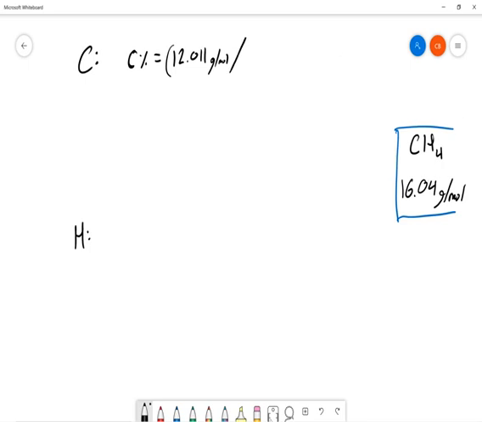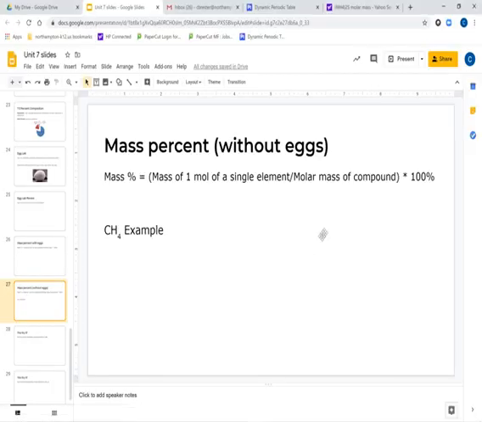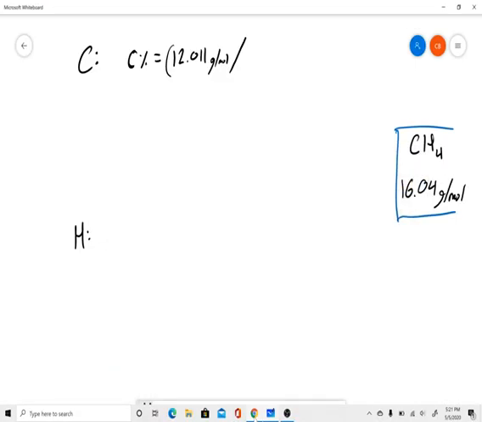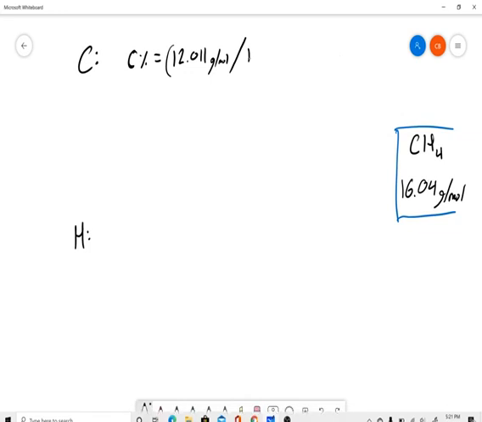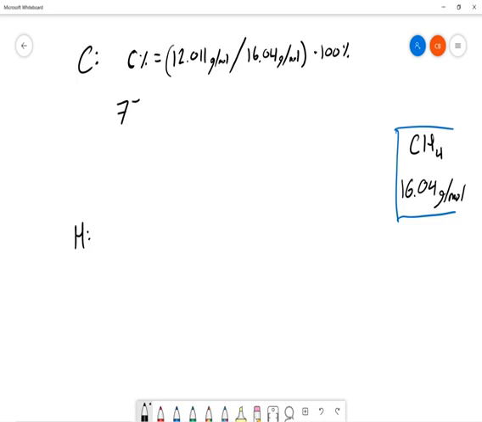And it is divided by, and we look back at our equation, the molar mass of the compound. So the mass of the entire thing, which we have already found, right, 16.04 grams per mole, and then it's multiplied by 100 to get it into a percent. That works out to be 75%, just about. Okay, I'm rounding a little bit, but it's just about 75%.